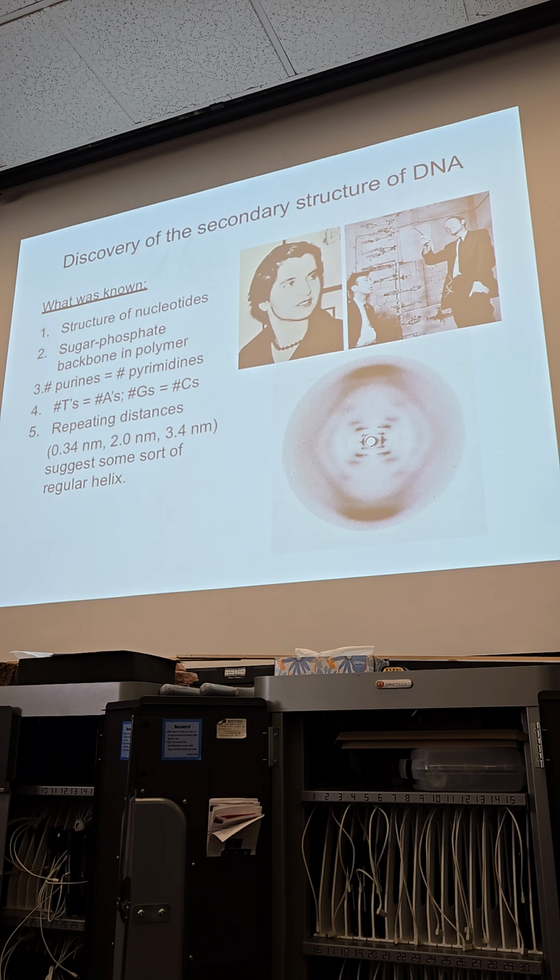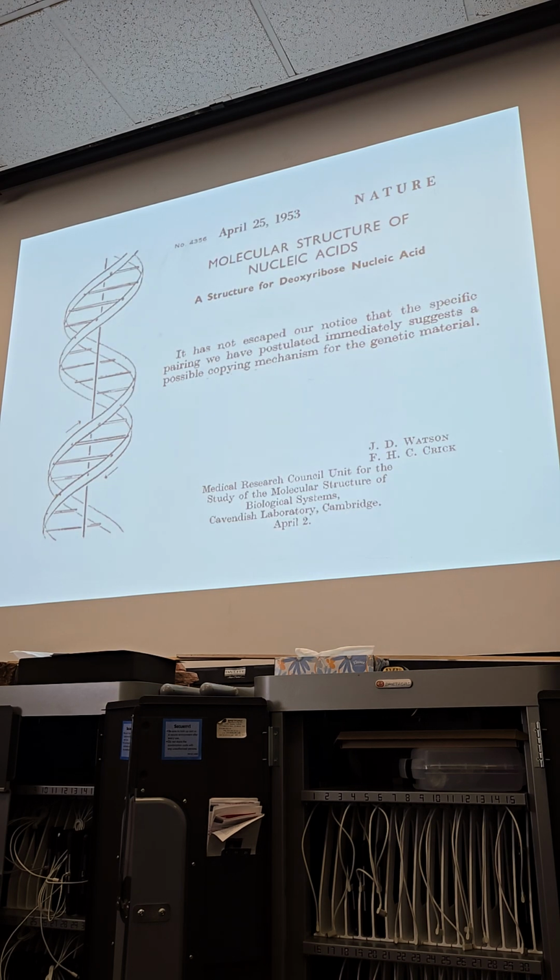And forever, people have been saying that she was kind of screwed, that she wasn't given the credit she deserved. Watson and Crick published their paper, and they did no experiments themselves. What they did was all the computational work and modeling.